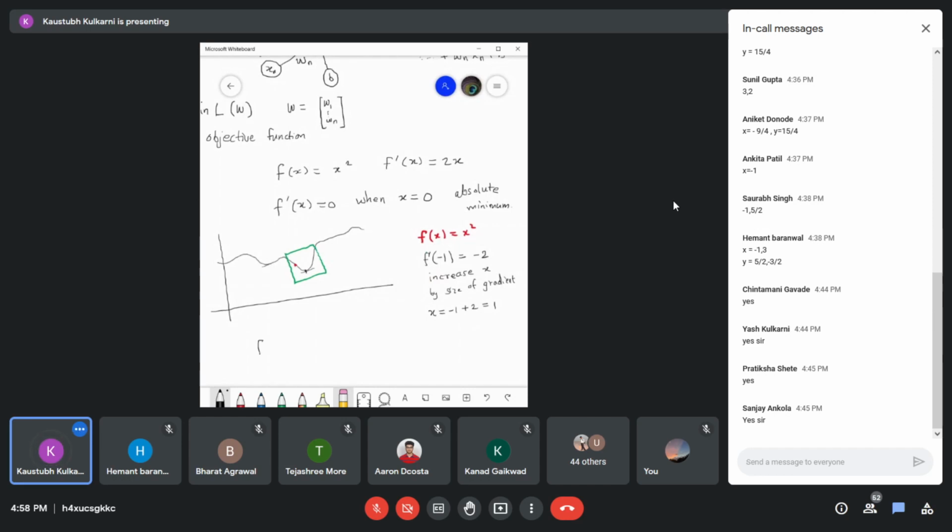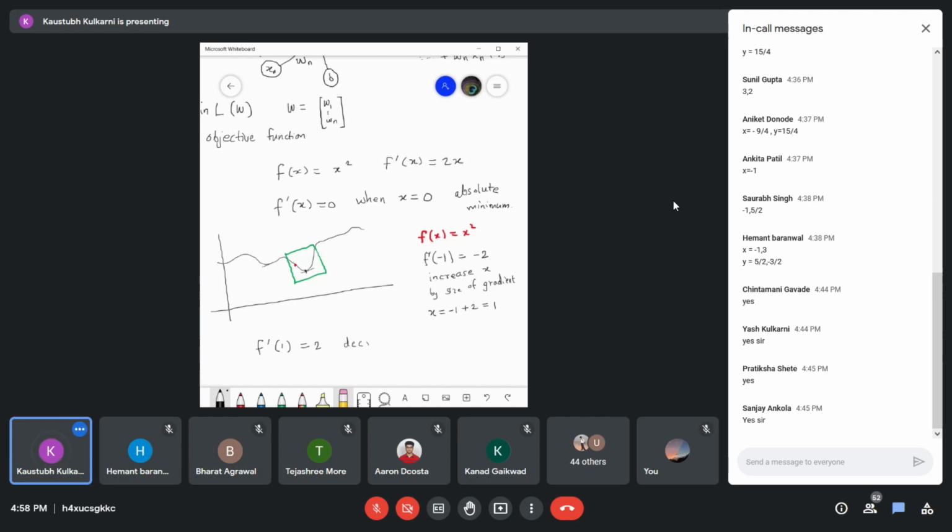Now what will happen? f dash at this new x, at 1, is 2. It is increasing. Derivative is positive, therefore, the function is increasing. So now move in the opposite direction.